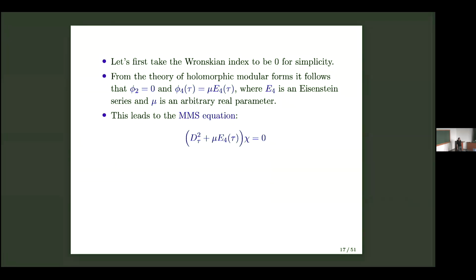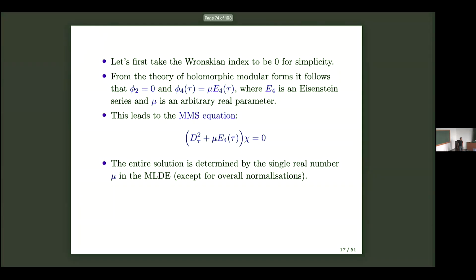And therefore, the equation I wrote earlier collapses to the much simpler equation, d tau squared plus mu E4 on chi is 0, where E4 is a known function of tau. So that's an equation worth studying because its solution necessarily should include the characters of all L equals 0 rank 2 CFTs. And the solution is completely determined by one parameter.